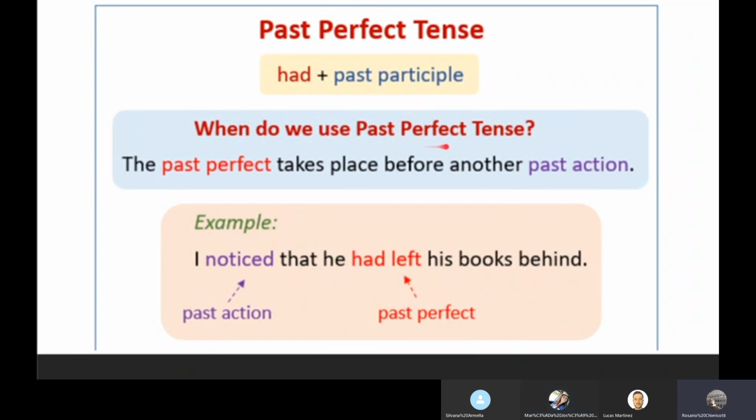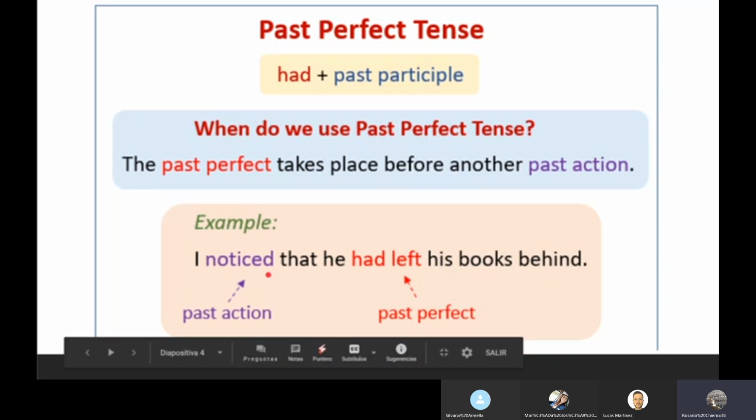When do we use the past perfect tense? The past perfect tense takes place before another past action. So it's an action in the past that happened before another action in the past. Okay? Let's see this example.